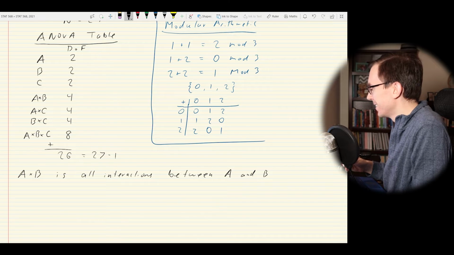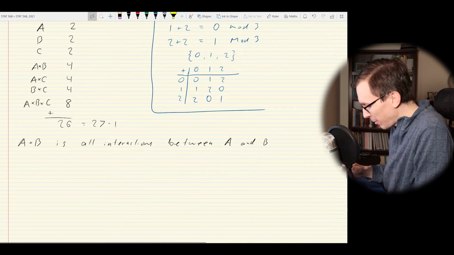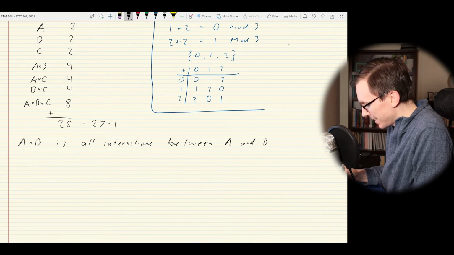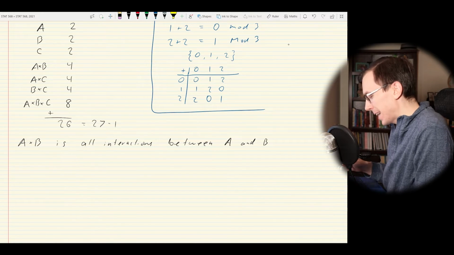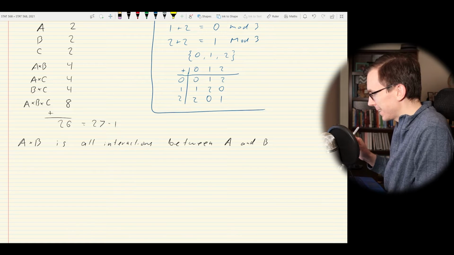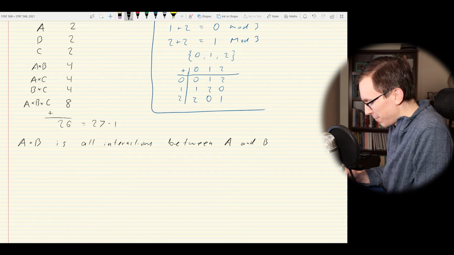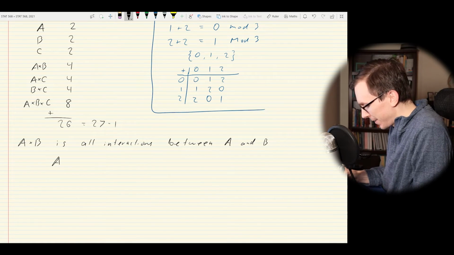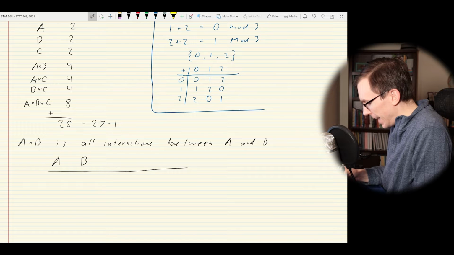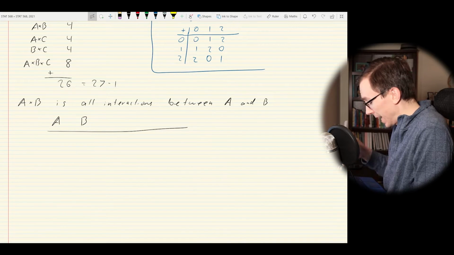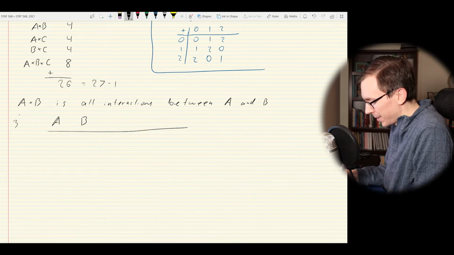Actually here, why don't we do a big table? Because I think that might be the best way to do it. Forget about C for a second, because who really cares about C? Let's say we have just A and B. This is going to be our 3 to the 2 design.